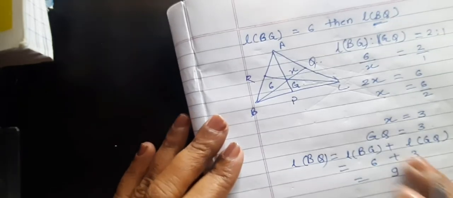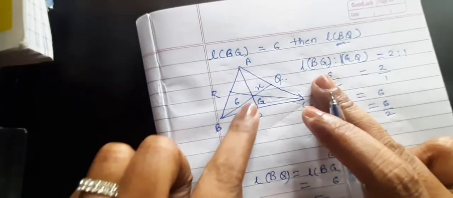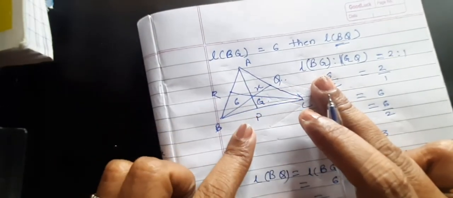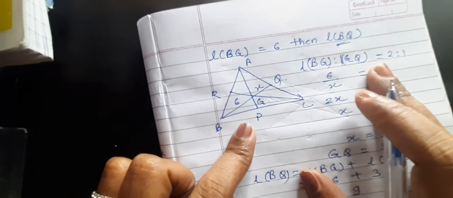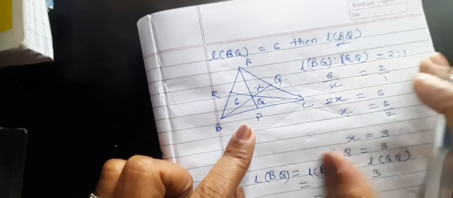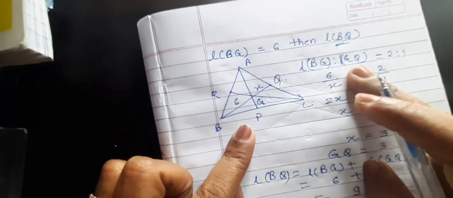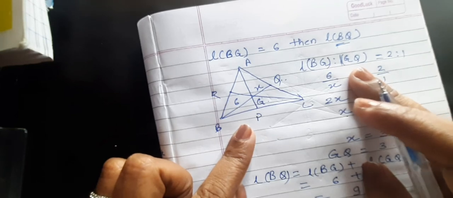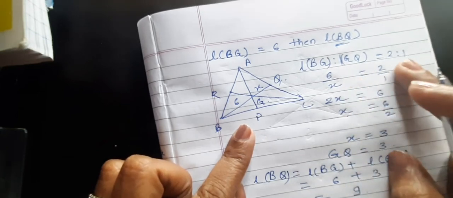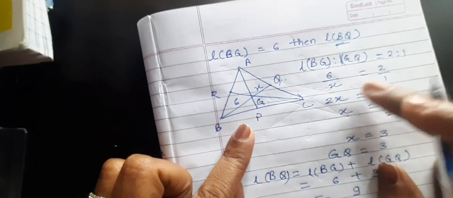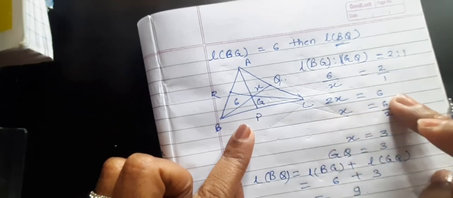Right? I'll repeat one more time. First we have to find out GQ. So for that we go with the ratio of the median, that is BG is to GQ is equal to 2:1. Substituting the value, it is 6 upon X equal to 2/1. Cross multiply, so it will be 2x equal to 6.